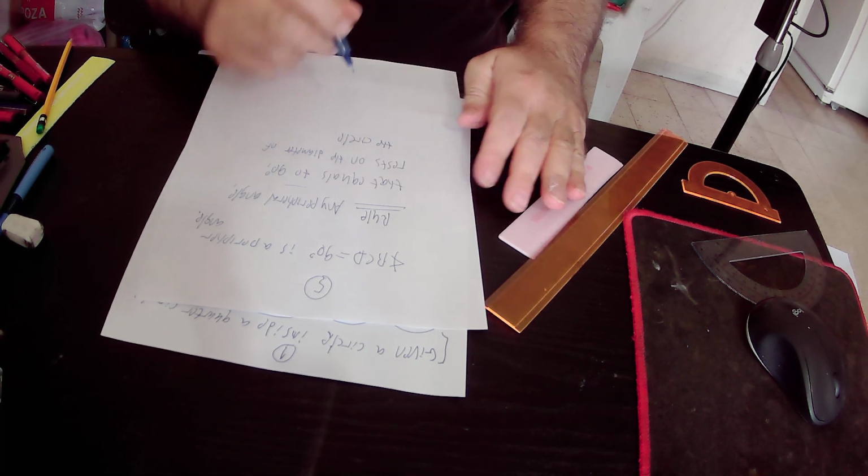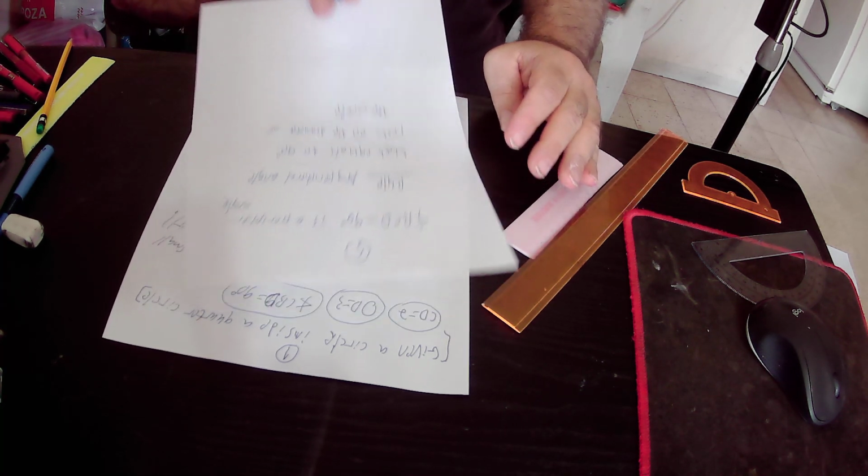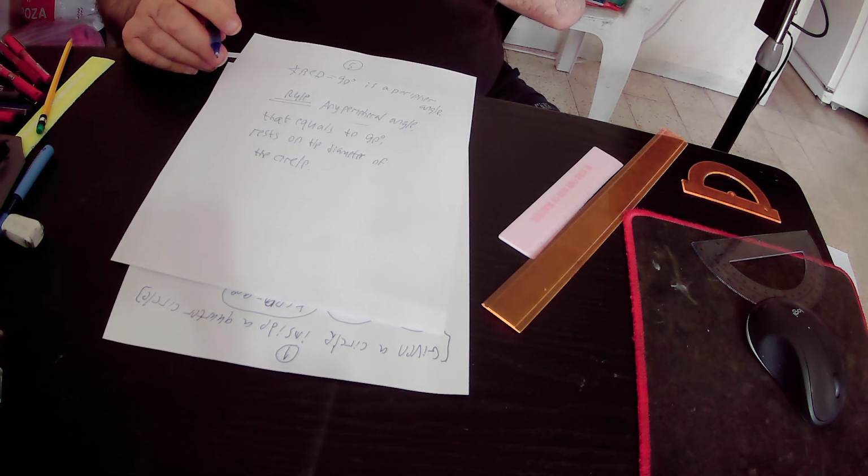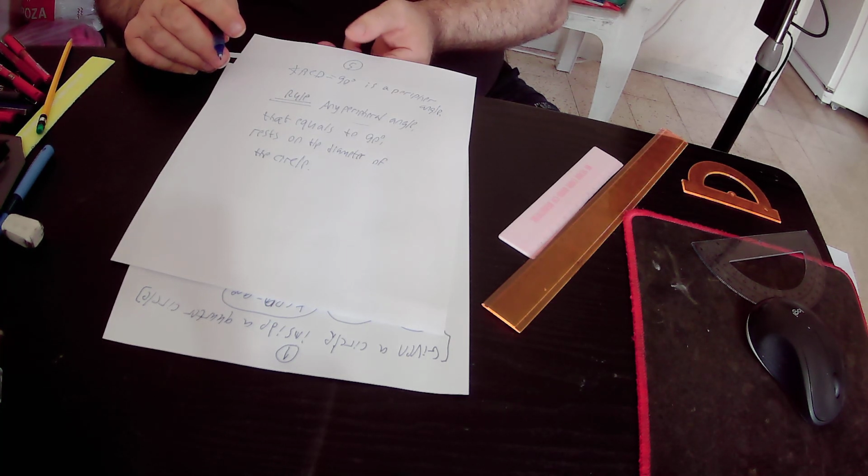I will read the rule again. The rule states that any peripheral angle that equals 90 degrees rests on the diameter of the circle.